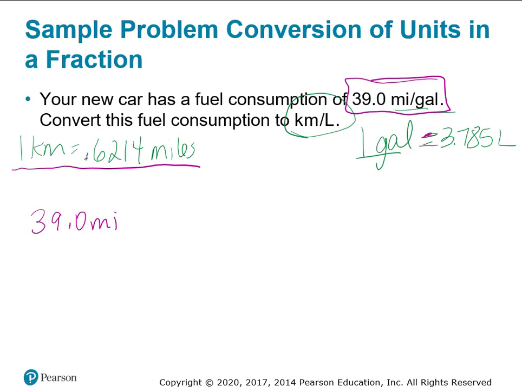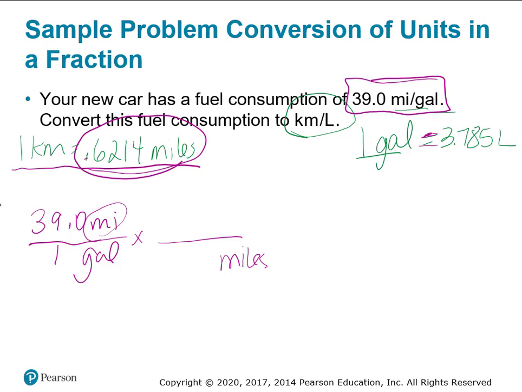39.0 miles per gallon. So I can drive 39 miles on 1 gallon of gas. Let's set up our first conversion factor. It doesn't matter if we get rid of miles first or get rid of gallons first. It doesn't matter to me. Let's just get rid of miles since it's on the top. So that means for my conversion factor, I need miles on the bottom.